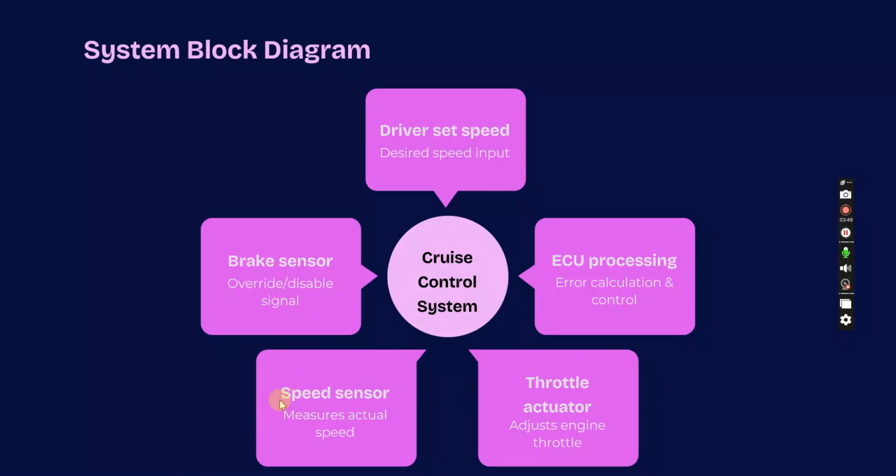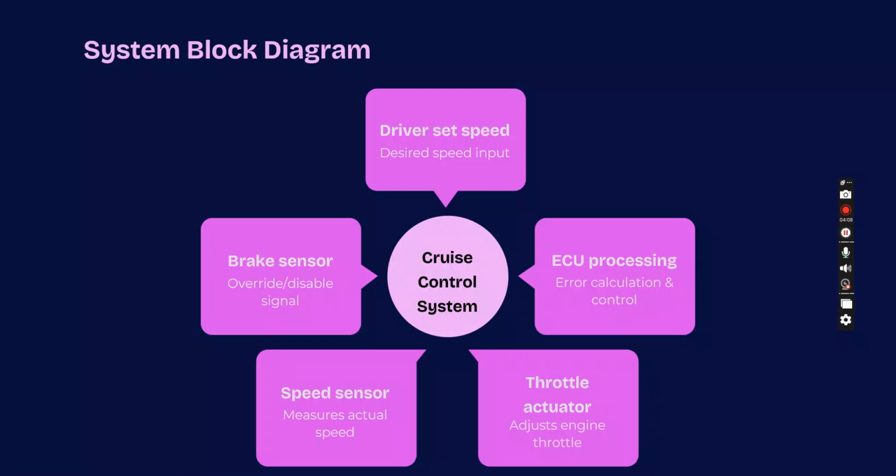Fourth, we have the speed sensor, which measures the actual speed of the car or any vehicle where we have to apply the cruise control. And the last is the brake sensor, which helps override or disable the signal.